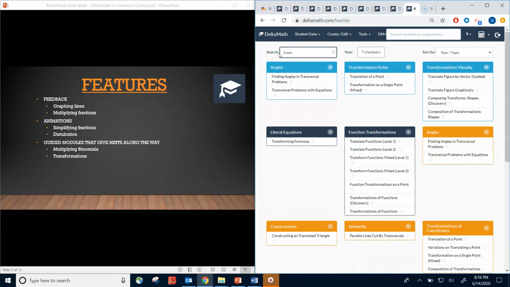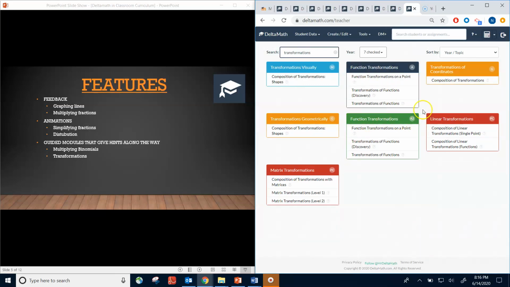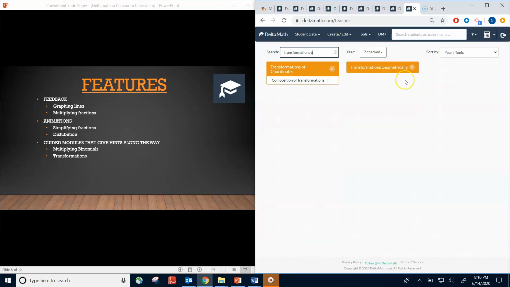For instance, I want to look for transformations. Let's find transforming, which one was it? Transforming a figure by a vector. That wasn't the one I was looking for before. It was transformations guided.